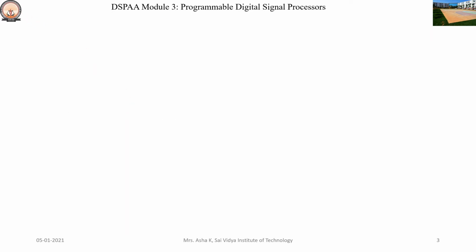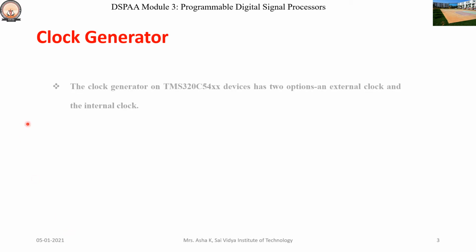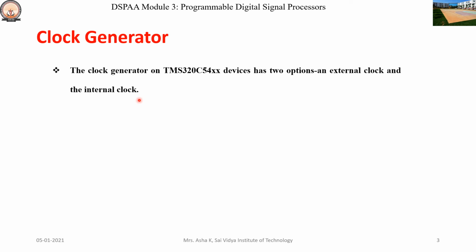Another important peripheral present on the processor is the clock generator. The clock generator on the TMS320C54XX device has two options: an external clock signal and an internal clock signal.